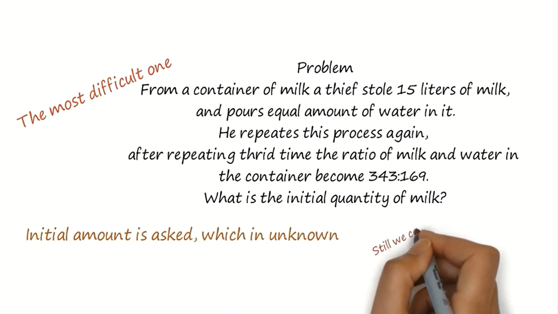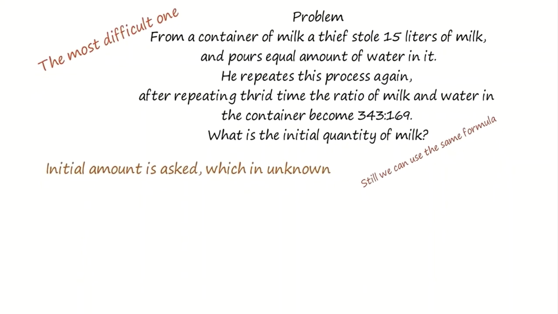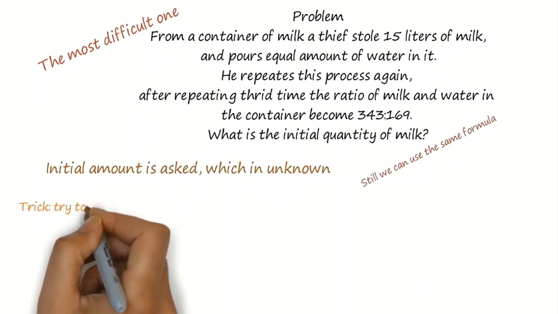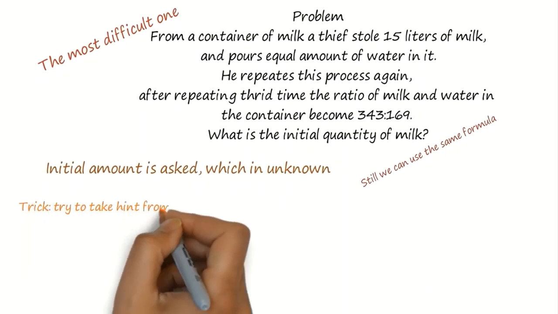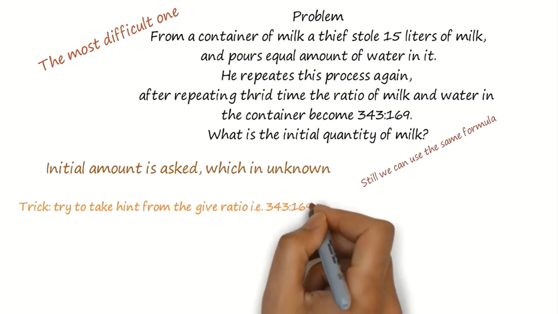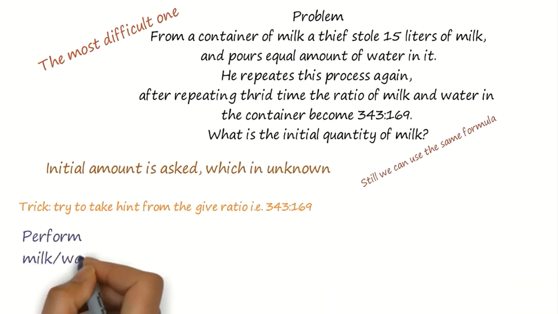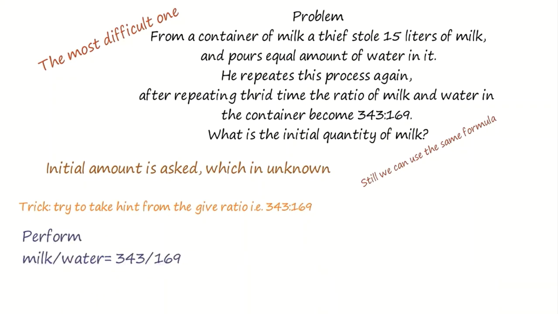So in this case, we can use the same formula in a tricky way. Whenever we get something in terms of ratio, as per the ratio proportion concept, we can write them in division format. Here in our case, we can write milk by water is equal to 343 by 169.